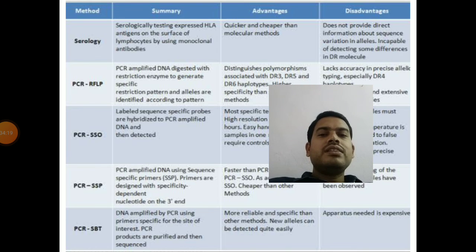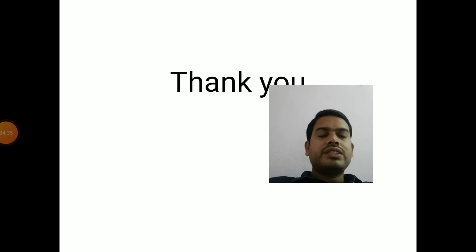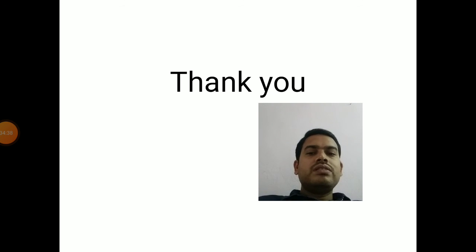So that covers class 1 and class 2 MHC molecules, the processing and presentation of antigen, and also HLA typing, the molecular methods of HLA typing that are involved in organ transplantation. Thank you for patiently listening to the topic.